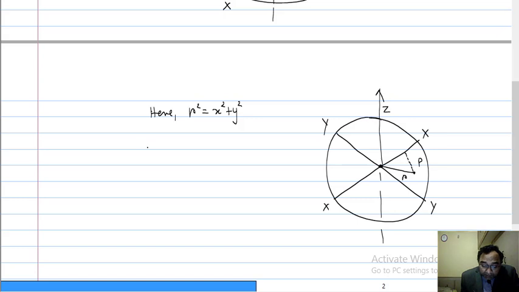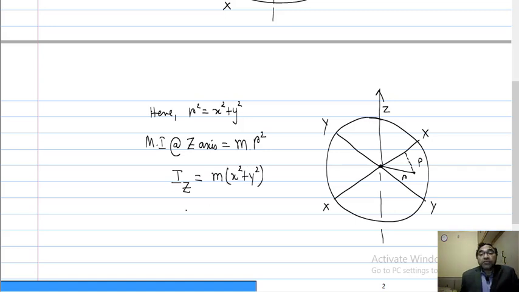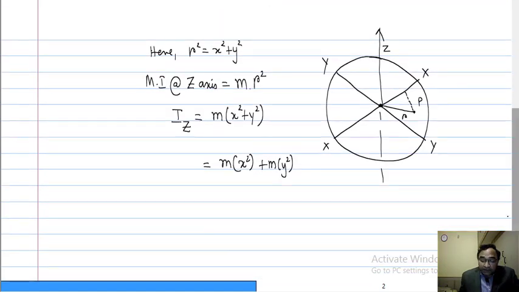The moment of inertia about z axis is mass of the particle times square of its distance from the axis of rotation, that is r square. So, therefore, Iz is equal to m r square, which is m times x square plus y square. This can be said as m times x square plus m times y square. This is what we have for the particle m.